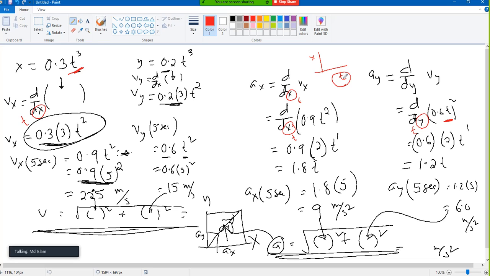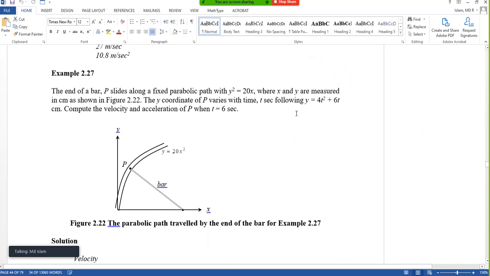So over time, not change in displacement over displacement. When I saw this time here, I realized, oh no, I did some mistake.